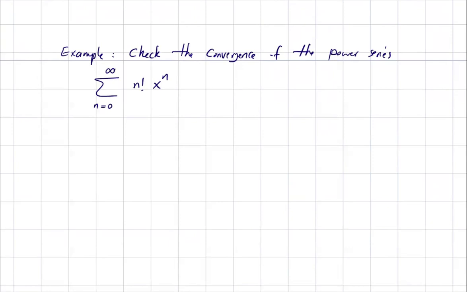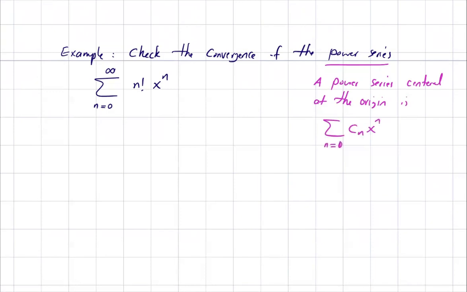First of all, please pay attention. This is indeed a power series. A power series centered at the origin is denoted by the summation of c sub n x to the power n, starting from 0 going to infinity.